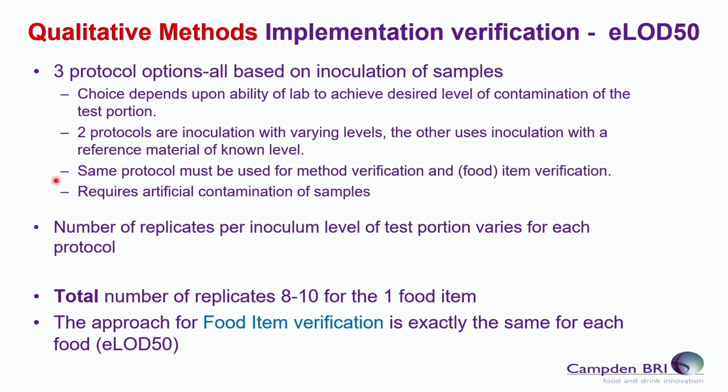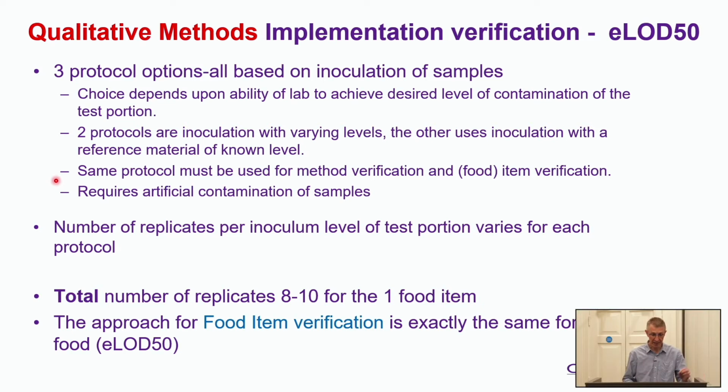It gives you 2 protocols where you inoculate the foods at varying levels, and it gives you 1 protocol that requires the use of reference material when the level is actually known, and that's a reference material you would buy from a company with a known level of microorganisms.